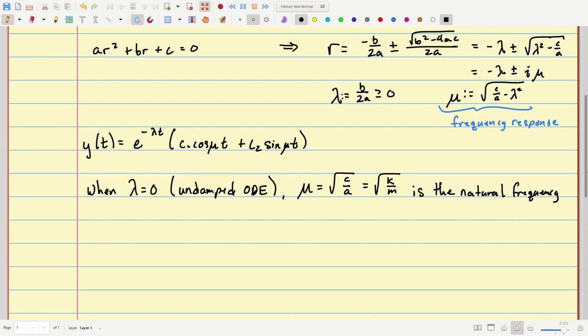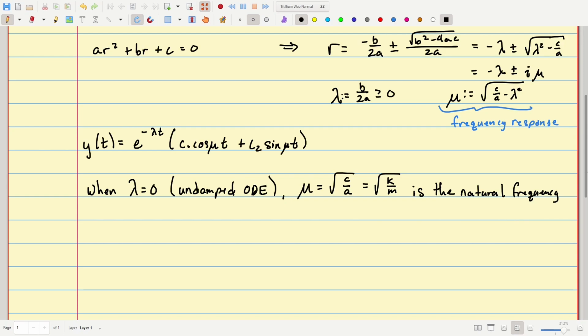This gives us a situation where our frequency response is just equal to the natural frequency. Okay, remembering that C is equal to K, B is equal to gamma, and A is equal to M.